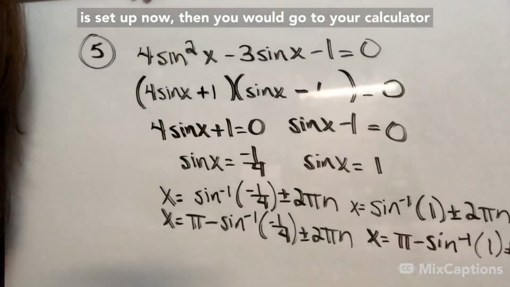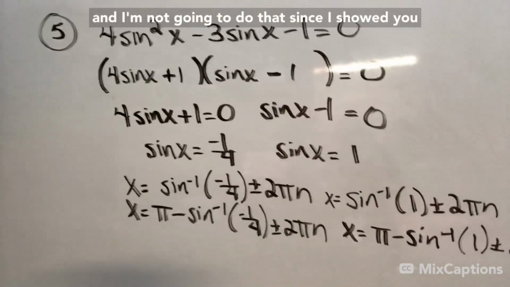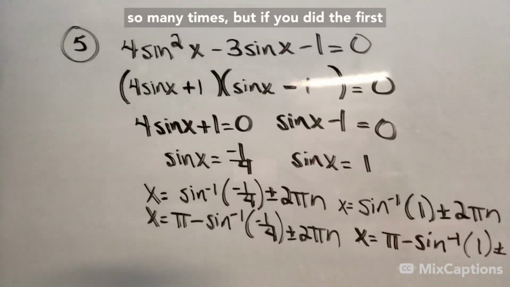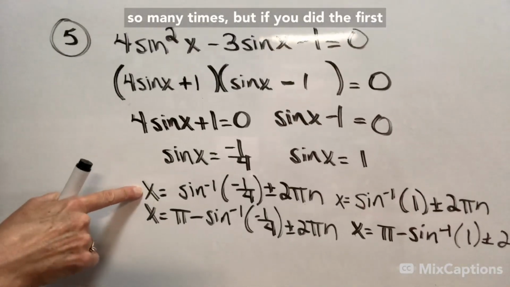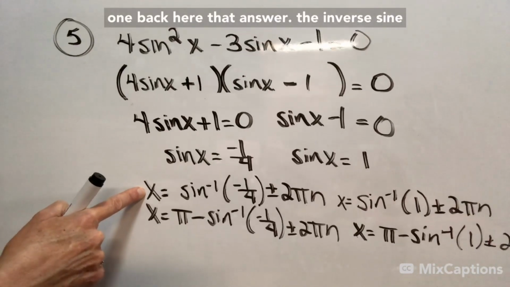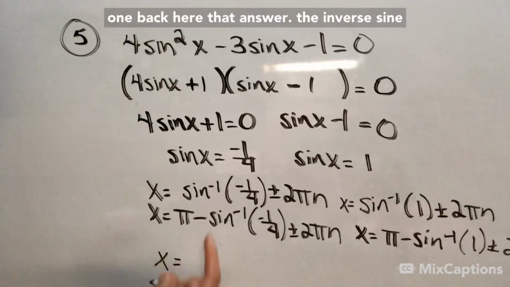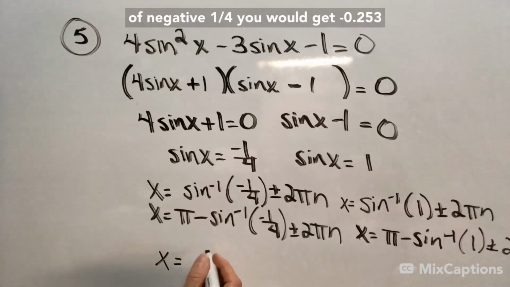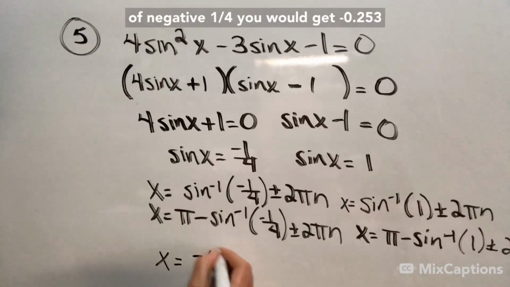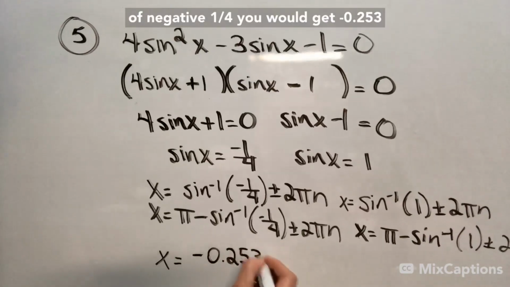Then you would go to your calculator. And I'm not going to do that since I showed you so many times. But if you did the first one back here, the inverse sine of -1/4, you would get -0.253.